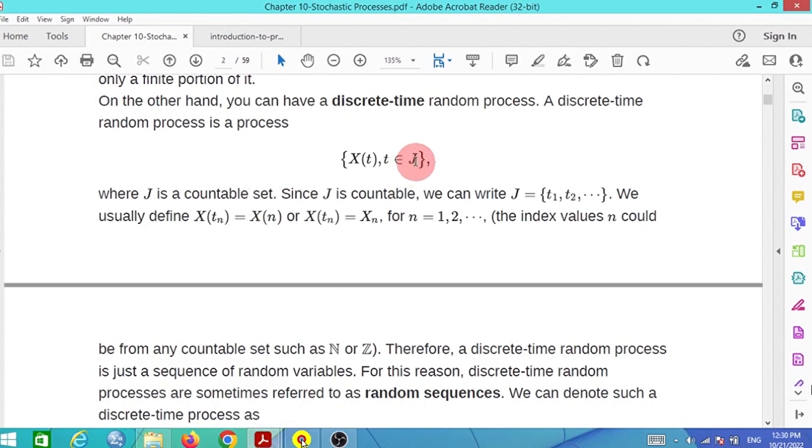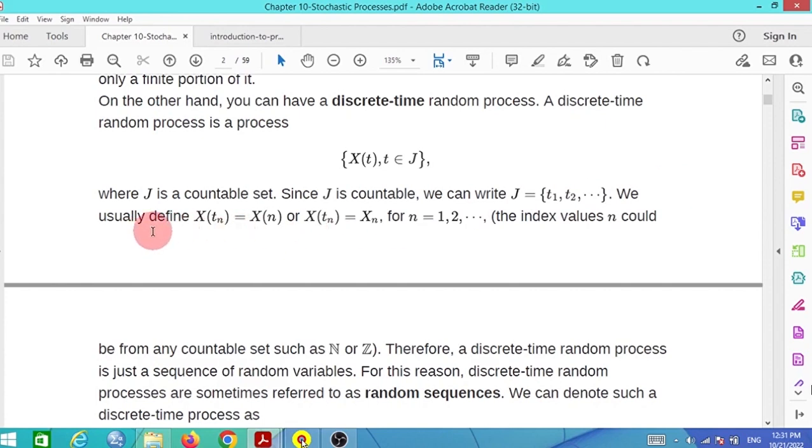We can compute the number in G, okay, 1, 2, 3, we can enumerate, where G is a countable set. Since G is countable, we can write G's first value, second value, and so on.